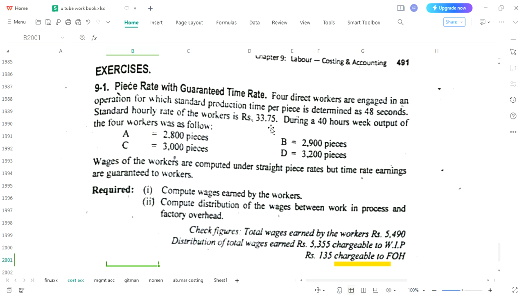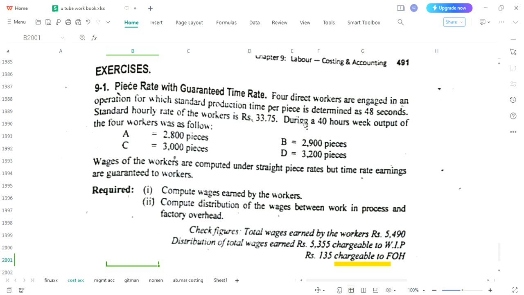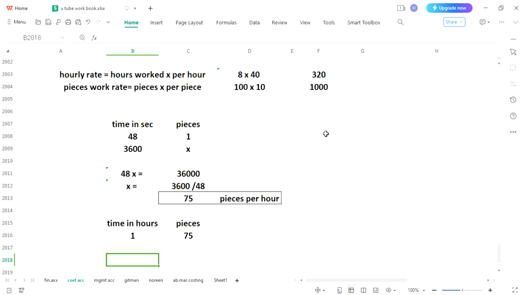So we can use both, but since we have started this, let's see what we can have. During 40 hours the worker output is falling, so it means we need to know how many pieces can be made in 40 hours. This is given in your question.